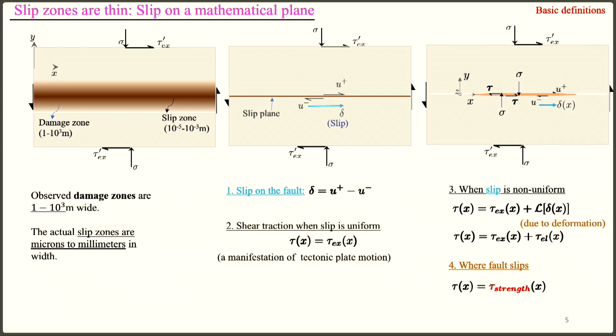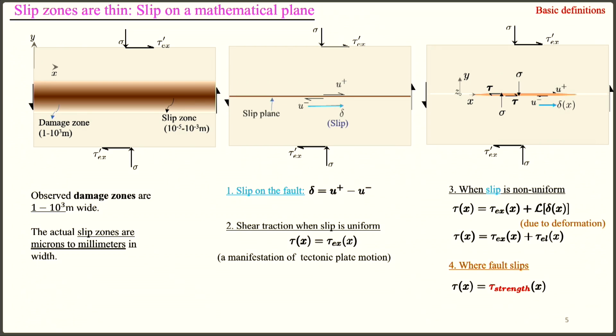But if slip happens, then we get a change in the traction from the external to some other quantity which is slip dependent. This is purely due to deformation, and we can model this elastically. So there is a relation between the traction at the interface and the slip that happens.